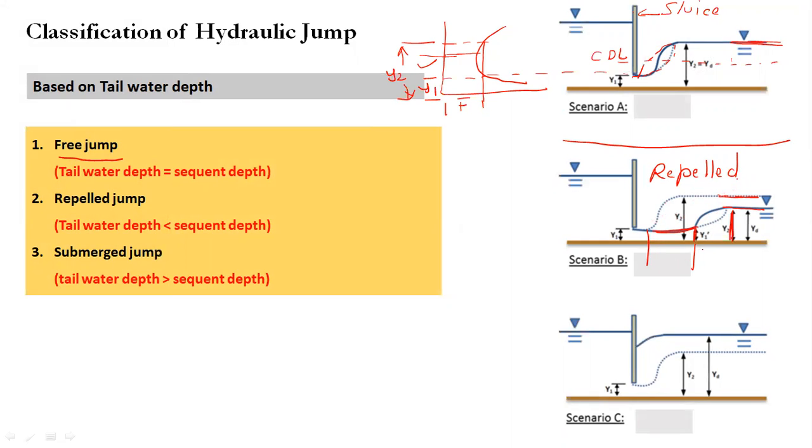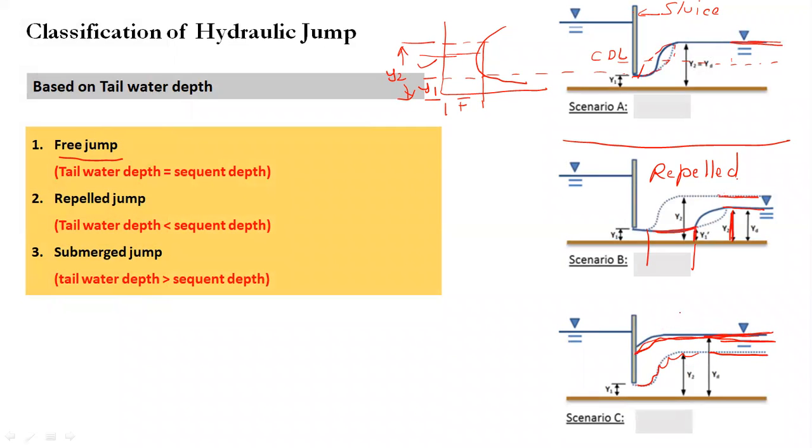So this is the second type, and the third type we saw was a submerged jump, which occurs when your available water depth in the channel is more than the sequent depth. Then the hydraulic jump takes place initially, but it is then drowned by the tail water.